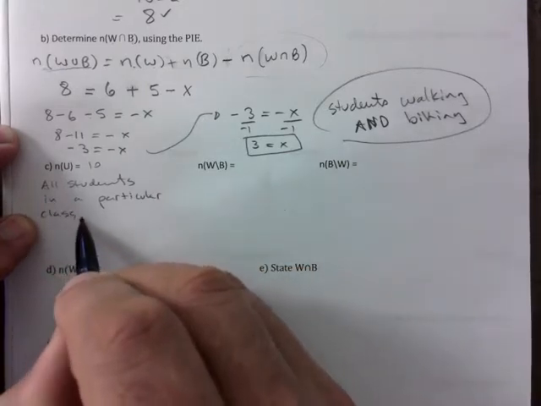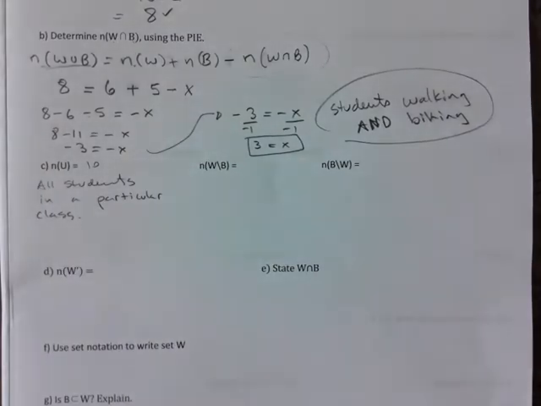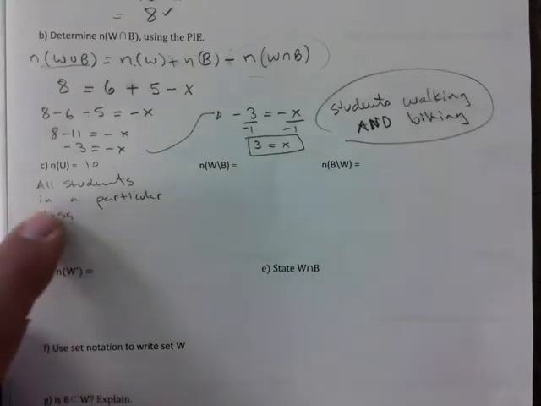It could be students in a school, or tenants living in an apartment building, or the people at a mall. It could be all the even numbers. That could be a universal set, so that always varies, okay?